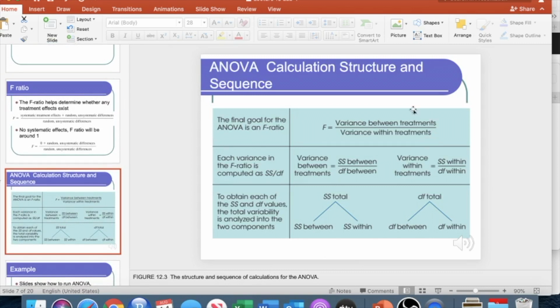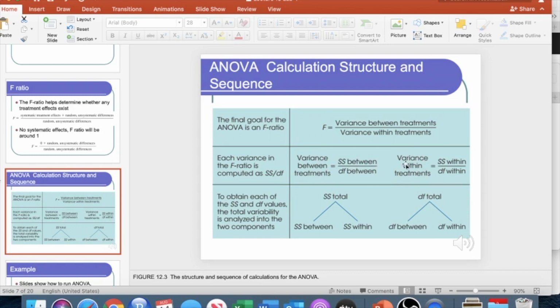And so I went over the F ratio, but what goes into the F ratio is looking at variance between treatments, as I mentioned in the previous slide, over variance within treatments. So for variance between treatments, that's our mean squares. Our sum of squares between goes into figuring out the variance between treatments, and so does our degrees of freedom between.